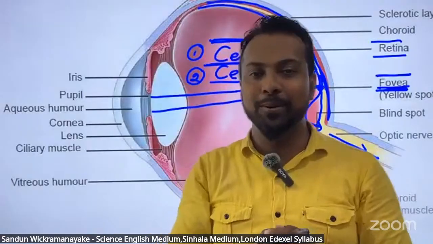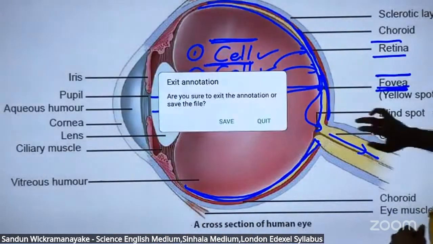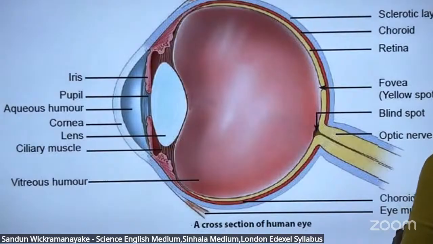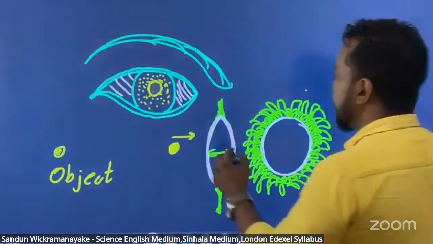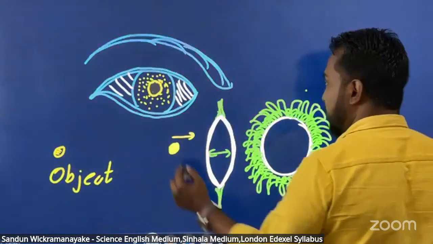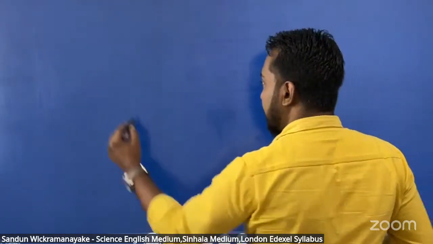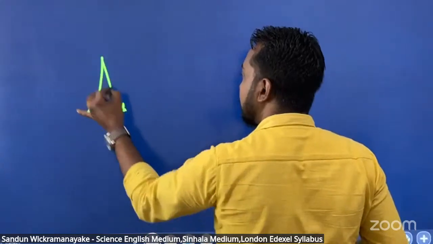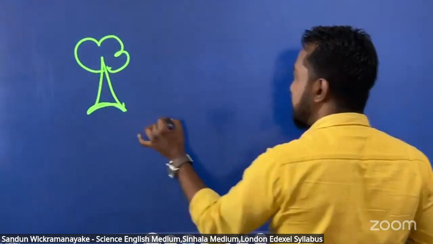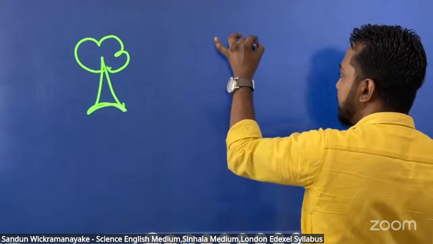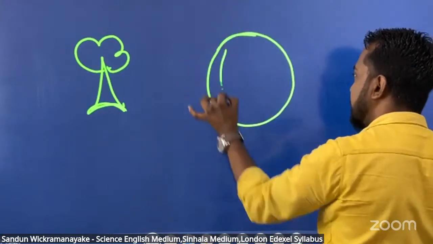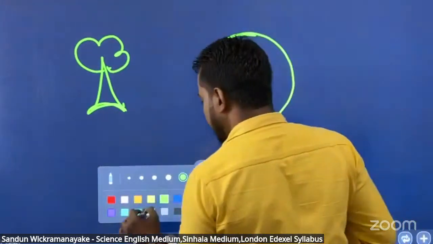And also, you know about this. Look at this. Do you know about this? If we're going to see some object or letter, I'm going to draw it like this. This is the human eye. This is the lens. Look at this.